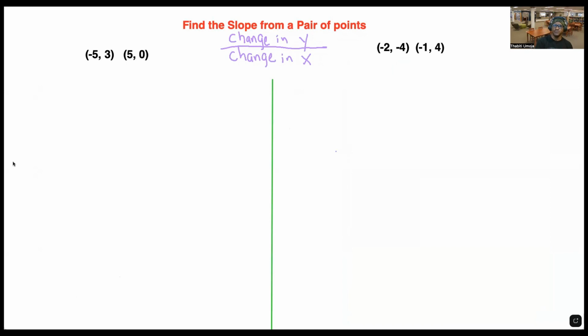Let's color code them. Let's make the y green. Remember, our y is always the second number. So these are two different problems, one to the left and one to the right. We're going to do the one to the left first. Here, this is a y, this is a y, and we'll make the x's blue.